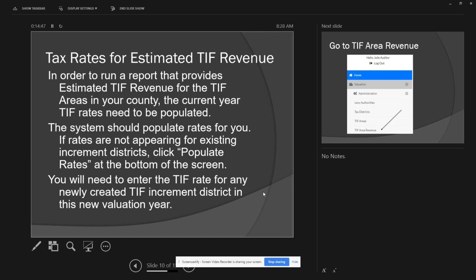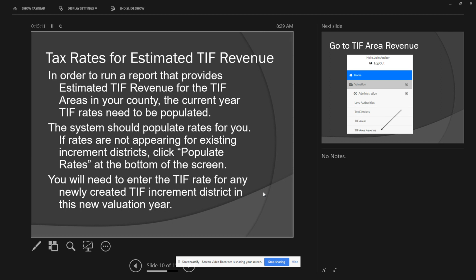An important side note, you do need to enter the TIF rate for any newly created TIF increment district in the new valuation year. So DOM has on file, obviously, for any tax districts and increment districts that were in the system in the 2018 values, we know what those tax rates are. We've pulled those over, and we populate those for you.